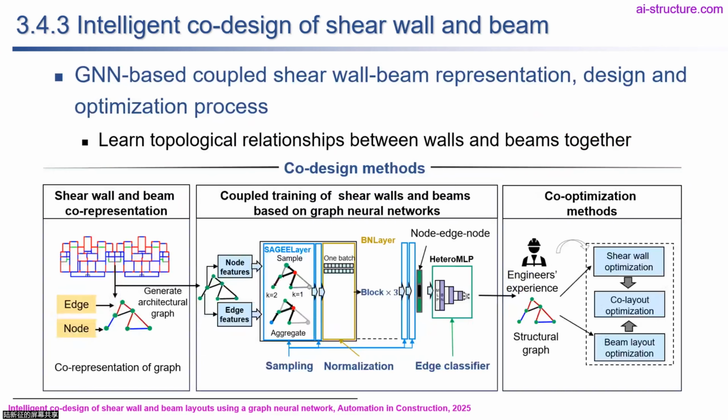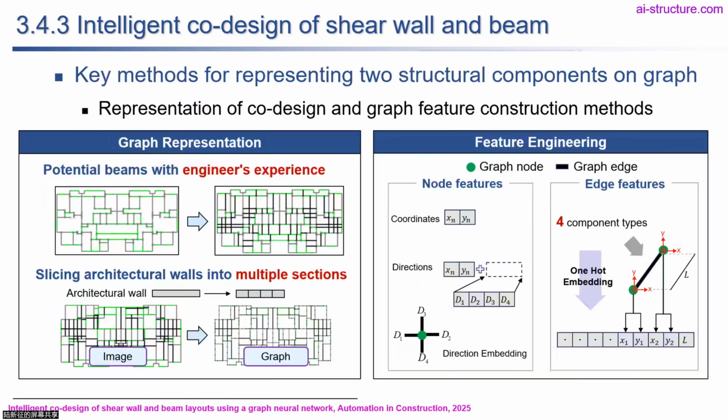So this is the algorithm we proposed. The critical point of this algorithm is that when you lay out the shear walls, the flexibility of the shear wall layout is quite limited, because you can only lay out the shear walls on the wall positions given by the architecture. But when you lay out the beams, you have a lot of flexibility, because the possible locations of the beams are quite flexible.